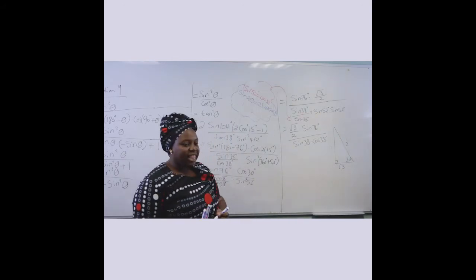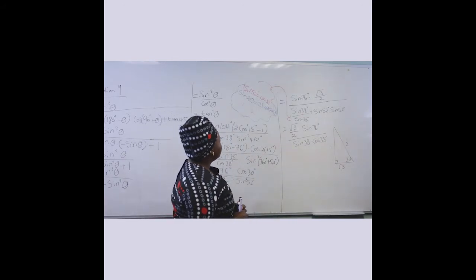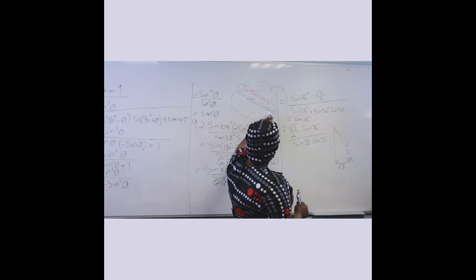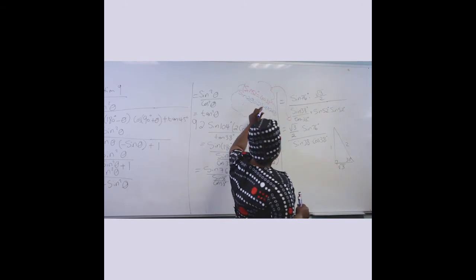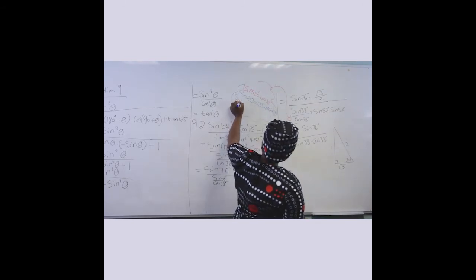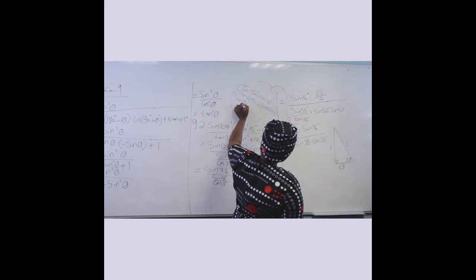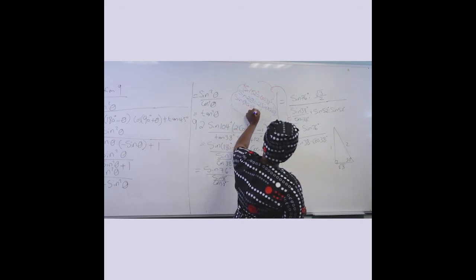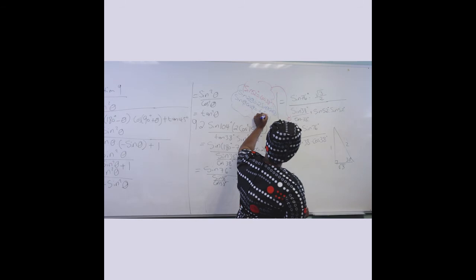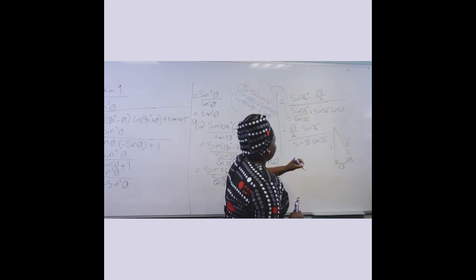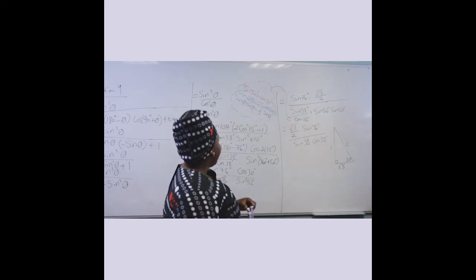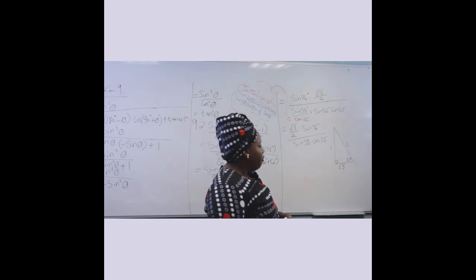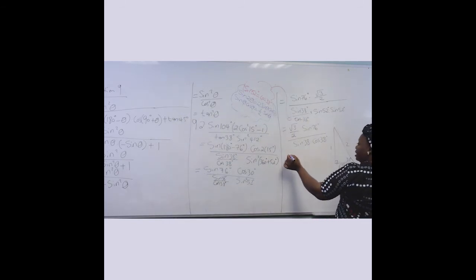Now if I have sine theta cos theta, it means I divide both sides by 2. So I'm left with sine theta cos theta equals half of sine 2 theta. The same applies with this one. It means I'm having half sine of 2 times 38. So I'm going to write it like that.